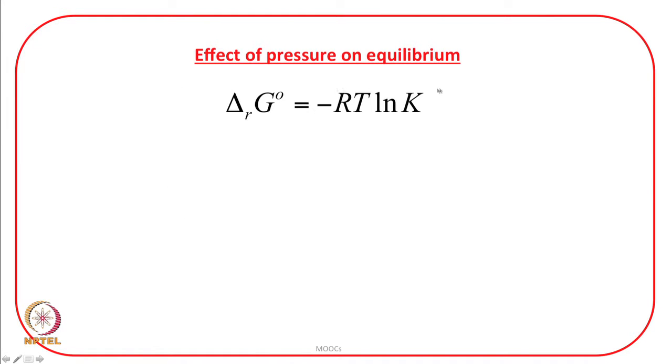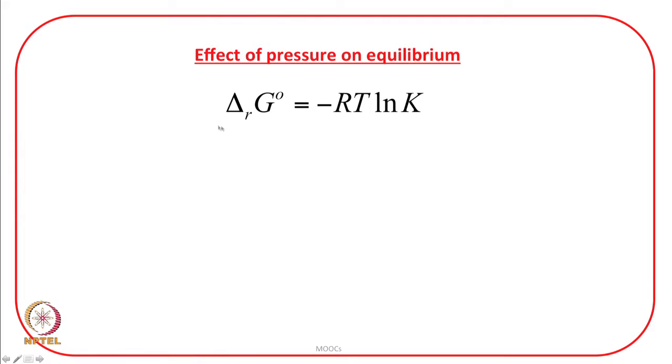Delta G naught is equal to minus RT log K. The left hand side of the equation is delta R G naught. Naught means it is a standard state quantity defined at 1 bar pressure. That means the left hand side quantity is defined only at 1 bar pressure, irrespective of the pressure at which the equilibrium has been arrived at.